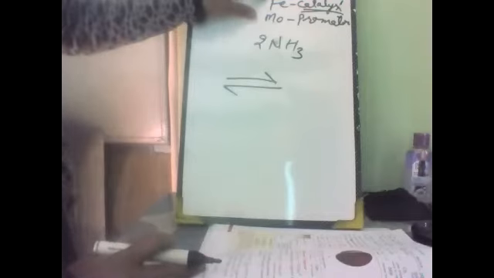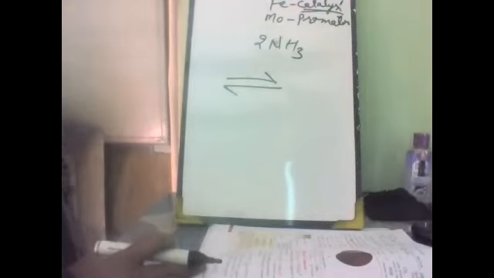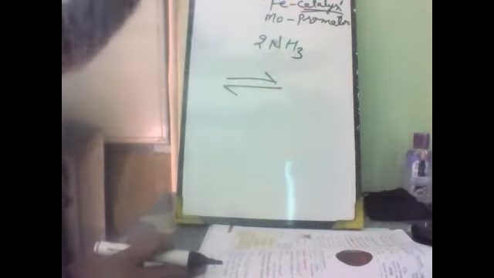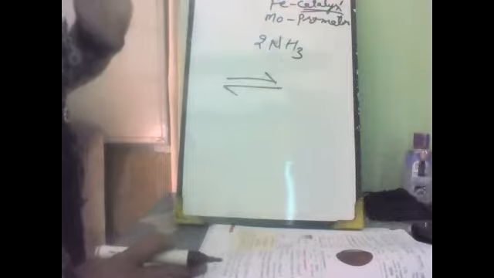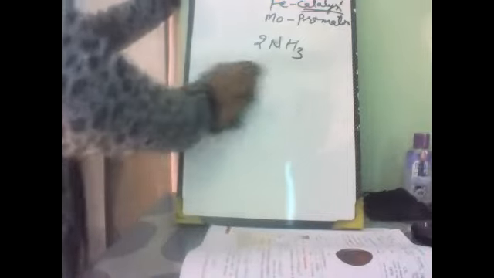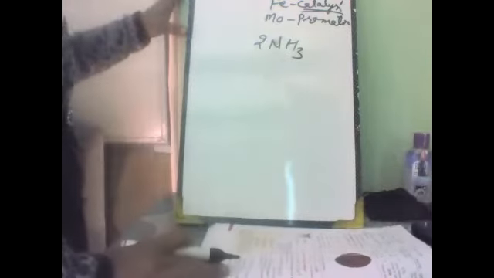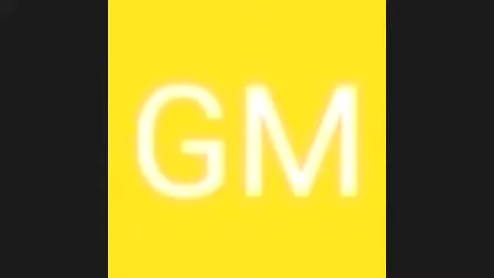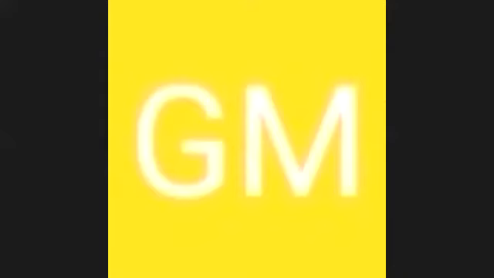The conditions are 450 degrees Celsius temperature and 500 atmospheres pressure. The process of forming ammonia from nitrogen and hydrogen is known as Haber's process. Is it clear? Yes, ma'am. Any doubt? No, ma'am. Okay.